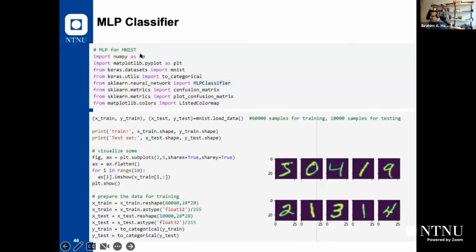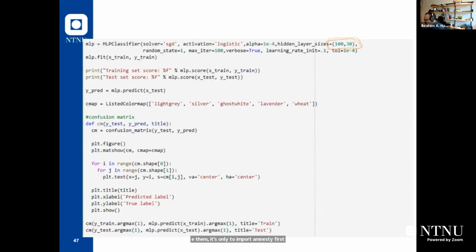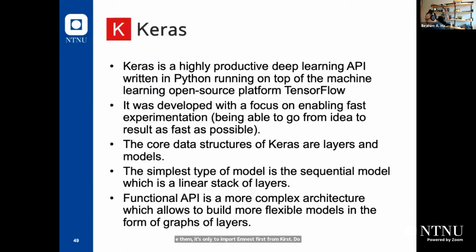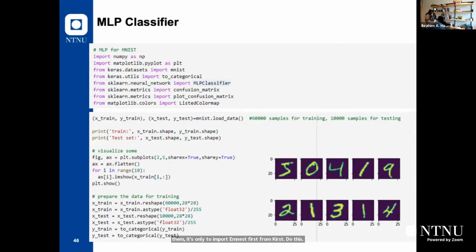If we need to use the MLP classifier with the MNIST dataset, we need to import MNIST first from keras.datasets. It's from keras, right? We need to import the MLP classifier from sklearn.neural_network.